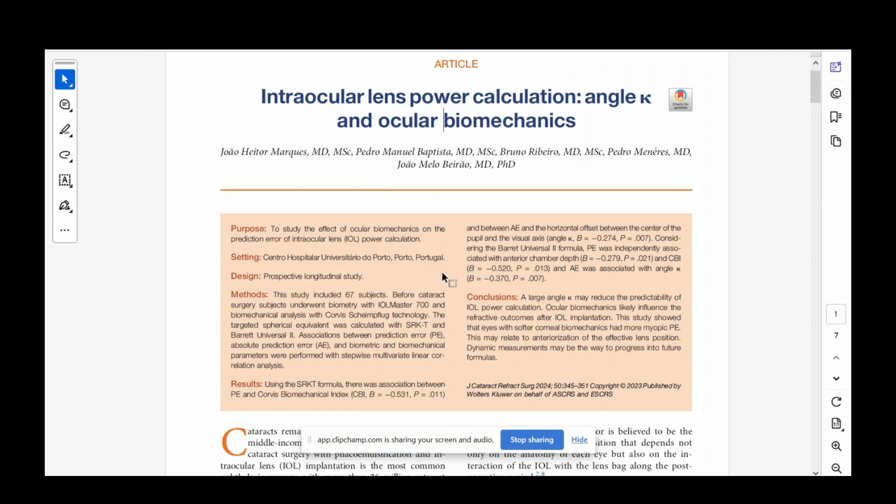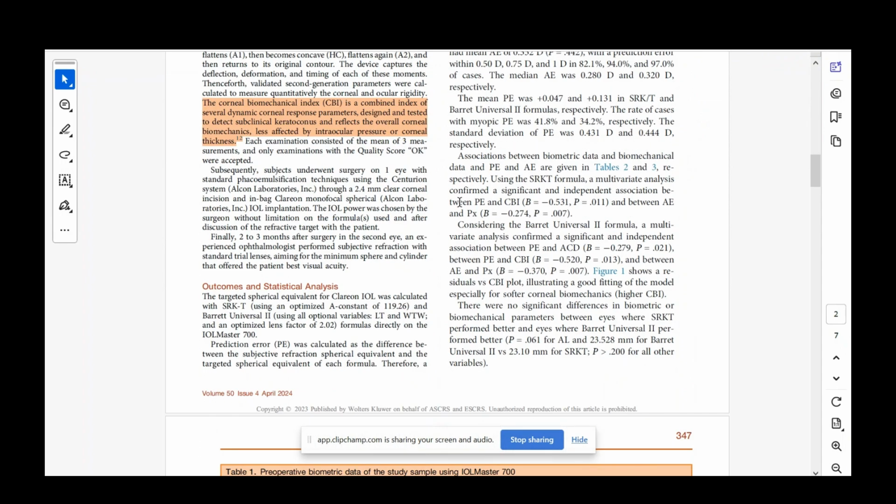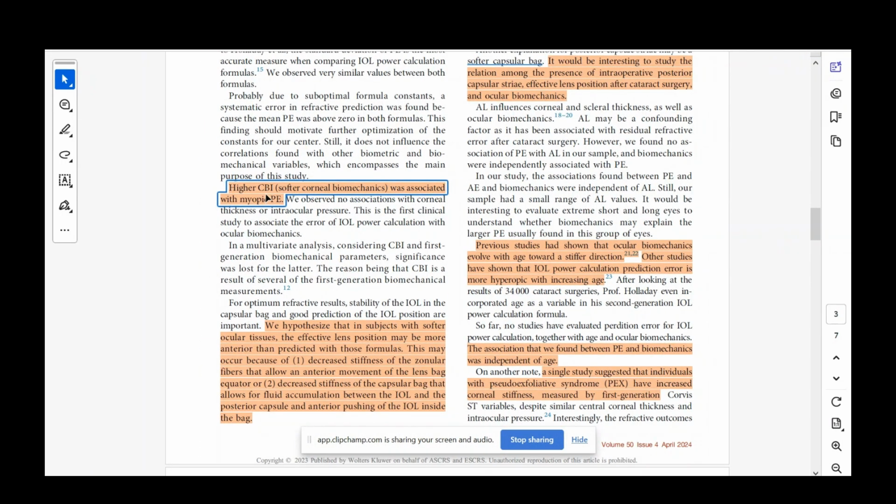So now coming back to this study, how it relates ocular biomechanics to intraocular lens power calculations is that they say a higher CBI, a higher corneal biomechanical index, means softer corneal biomechanics, that is a cornea which has lower corneal hysteresis, which is deformed very easily, which has lower corneal resistance, a less resilient cornea.